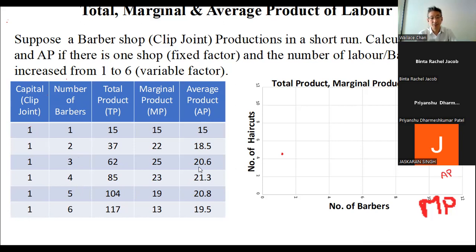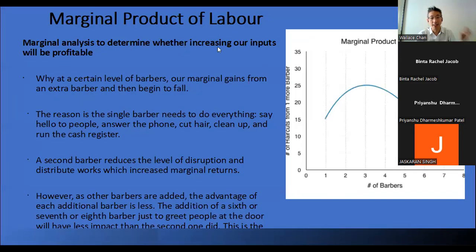Now, because of that, you get 3 different values: the total product, the marginal product, as well as the average product. Now, the marginal product of labor, the marginal analysis, is used to determine whether increasing our inputs will be profitable.